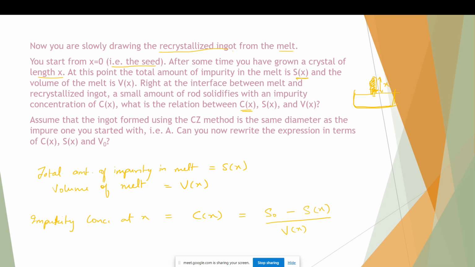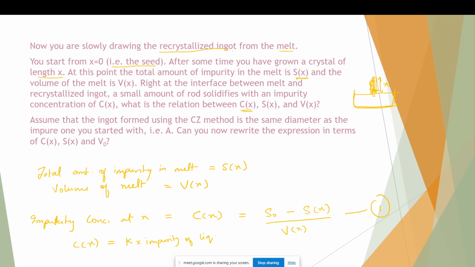So let me leave it here as 1 for now. But what I wanted to say now was C of x will depend on your distribution coefficient K times the impurity concentration of liquid at the interface.